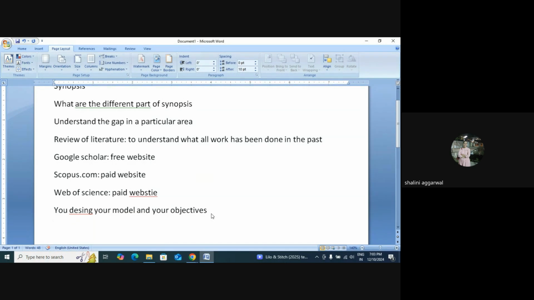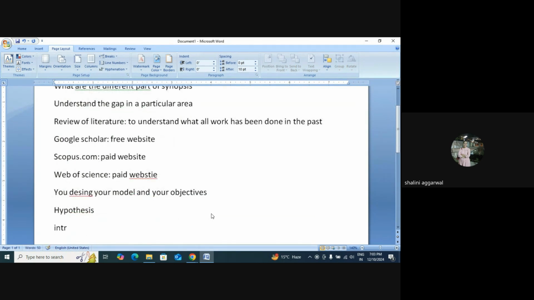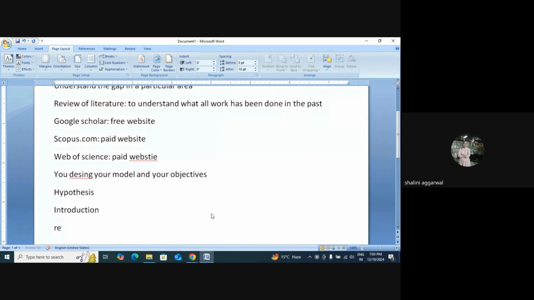After this, we write the hypothesis, then the introduction, then the research methodology. I told you this thing: when we write a synopsis, the research methodology part is very small. It is not very enlarged. Why?